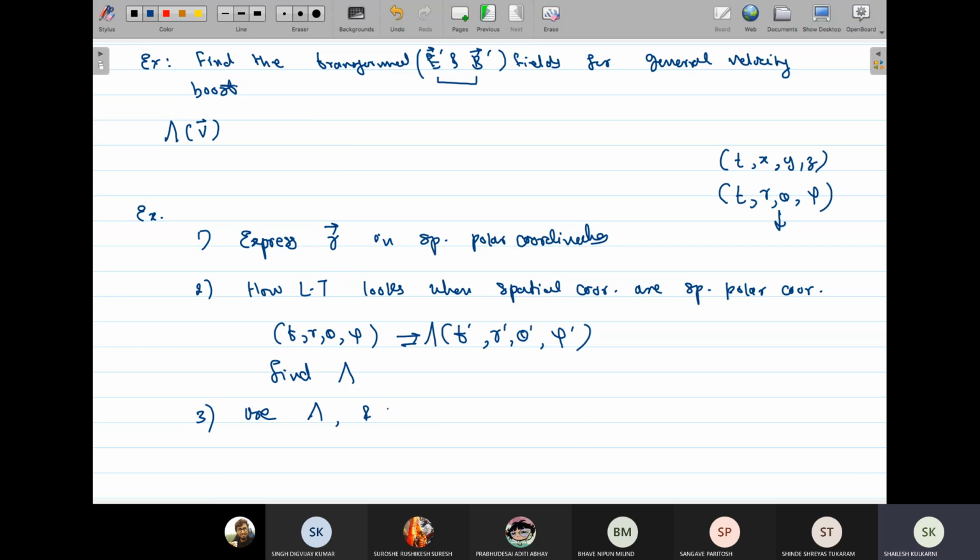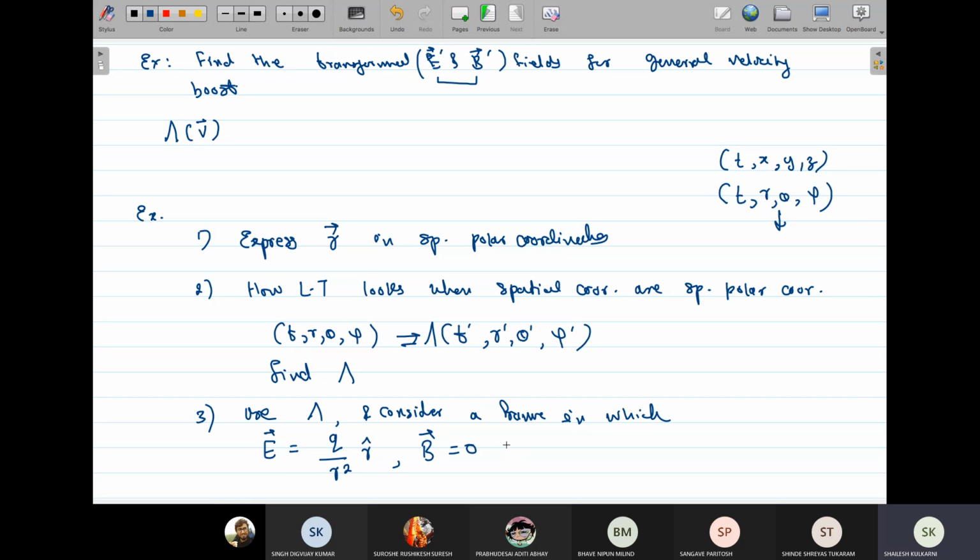Use lambda and consider a frame in which E is given by Q over r squared, r cap, and B is 0.